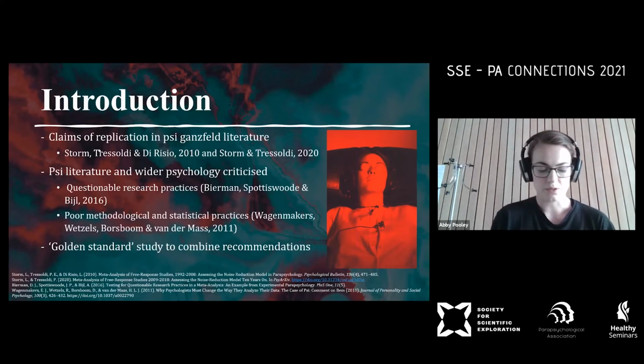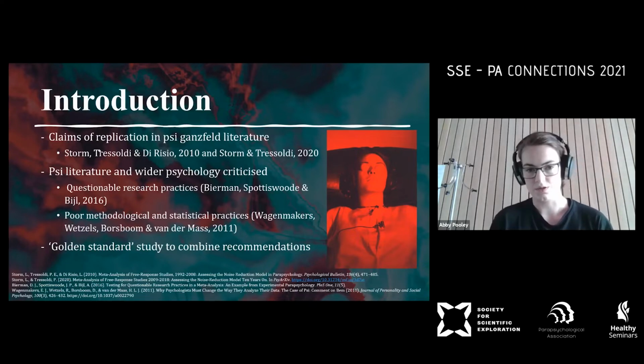However, there remains criticism. Bierman and colleagues argued that there are questionable research practices. This includes optimal stopping of studies and optional extension of studies, which shows that the Ganzfeld literature is likely inflated by these questionable research practices. Again, Wagenmakers and his colleagues in 2011 criticized Bem's Feeling the Future study series, quite famously, due to the use of exploratory data analysis and one-sided p-values which overstate evidence against the null.